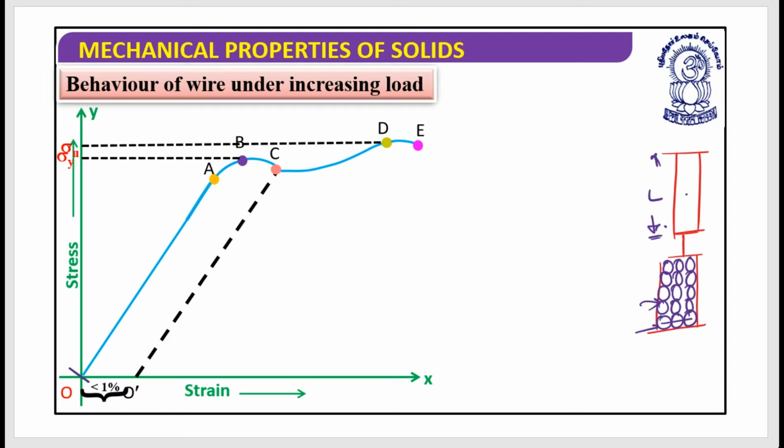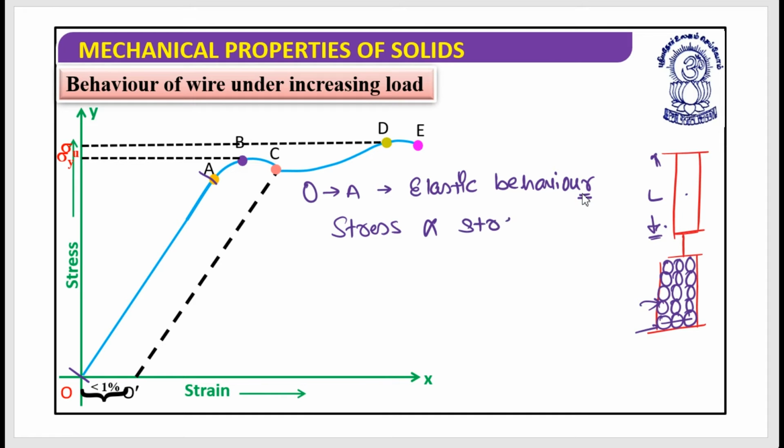You can see this is the region from O to A, where this object follows perfect elastic behavior. And when I say it follows perfect elastic behavior, it means the stress is directly proportional to the strain from O to A region. I hope this is clear.